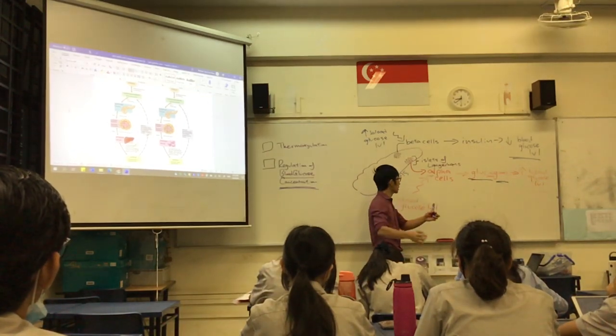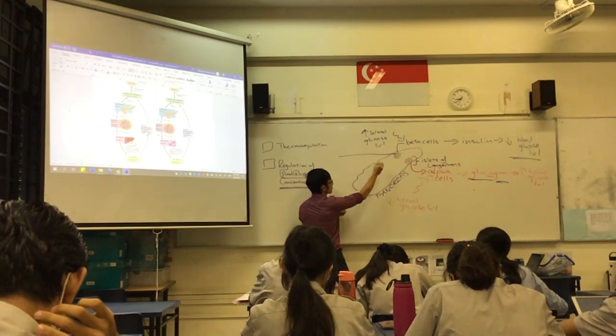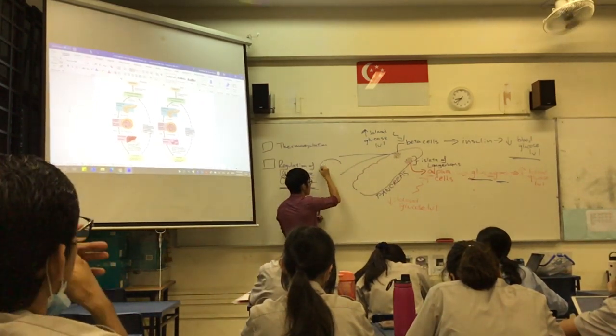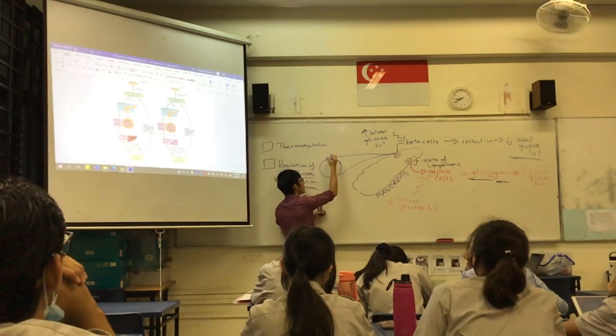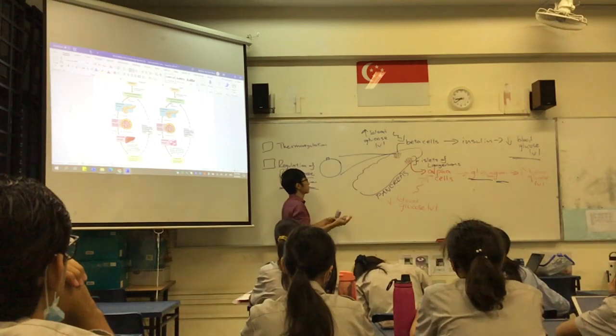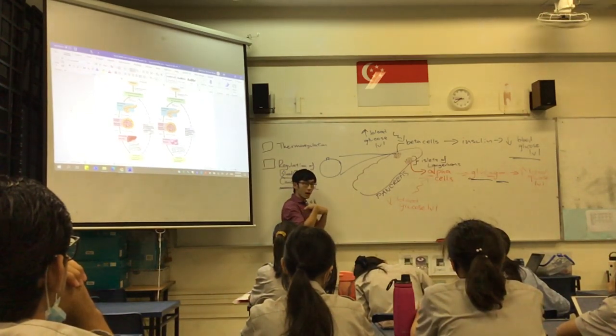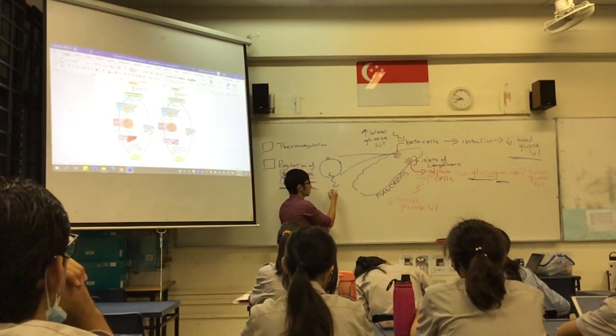So what does that mean? If I were to zoom into one of these cells, actually I zoom into a beta cell. Here is a beta cell. The beta cell is interesting. It is able to detect the presence of a lot of glucose, and in itself, it also serves as a control center to after that secrete insulin.